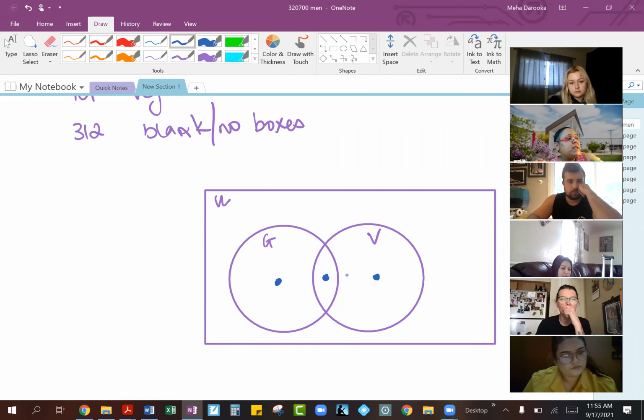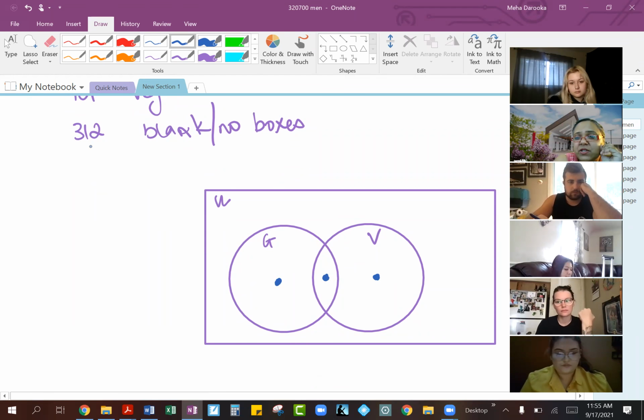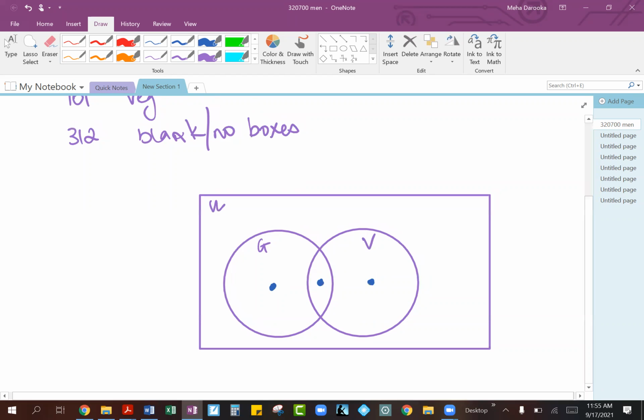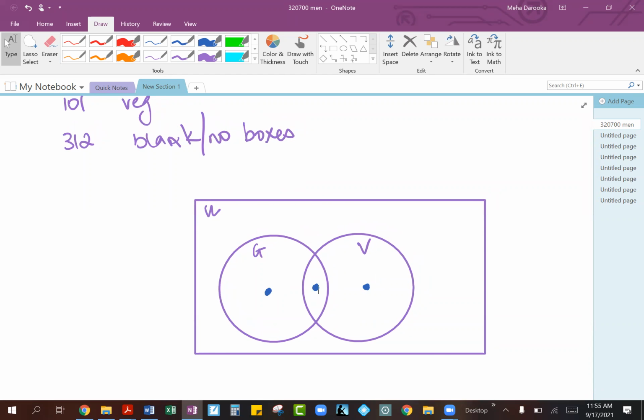Now, the only answer that we are almost certain about is the 312 men who left their answers blank, right? They didn't check any boxes. So that means they don't fall anywhere within these circles.